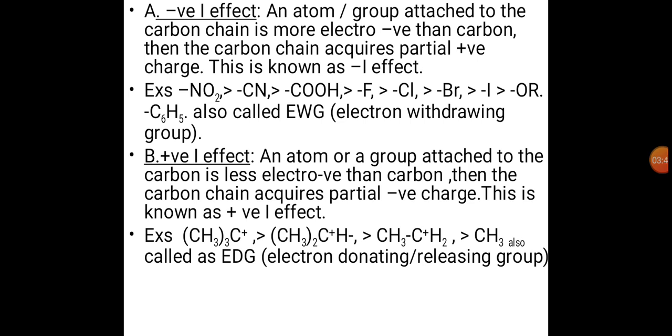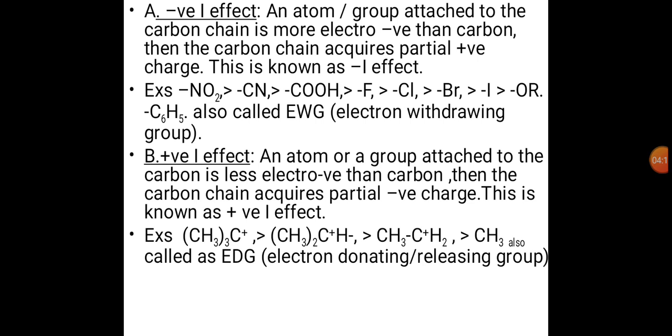And these are also called electron withdrawing groups. When these groups are attached to the carbon chain, they will pull the shared pair of electrons towards themselves, giving carbon a partial positive charge. Thus, they are called electron withdrawing groups.